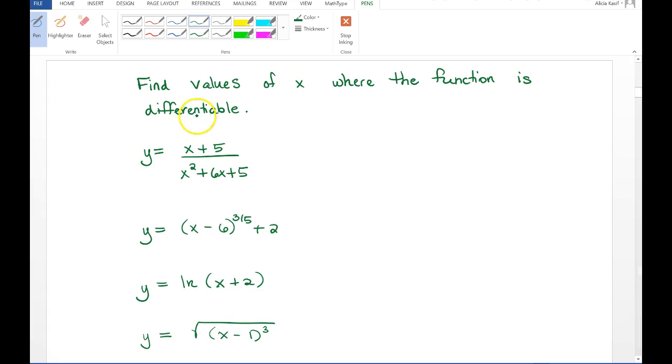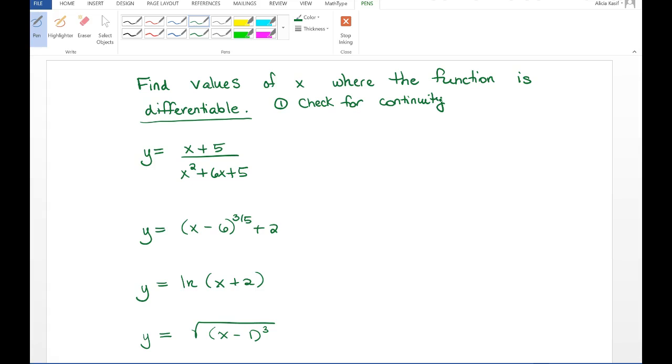All right, here we go. The word differentiable. We talked about this yesterday. The first thing you should check for is continuity. If it's not continuous, then those are the places where it's not differentiable.